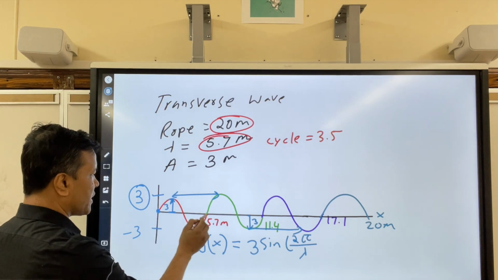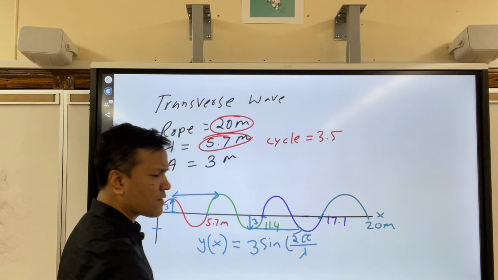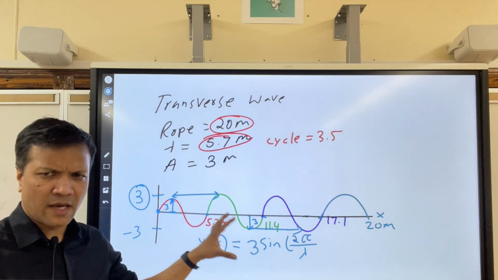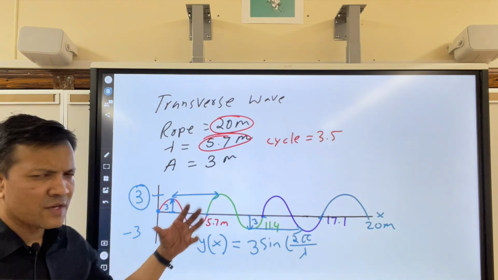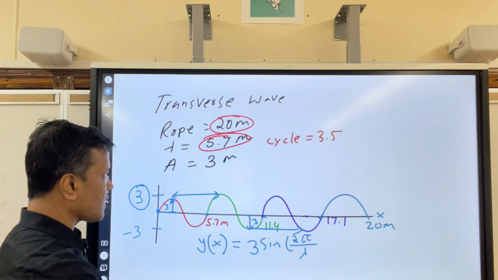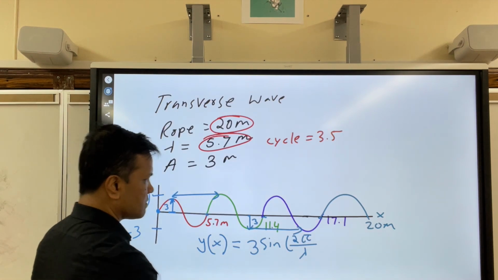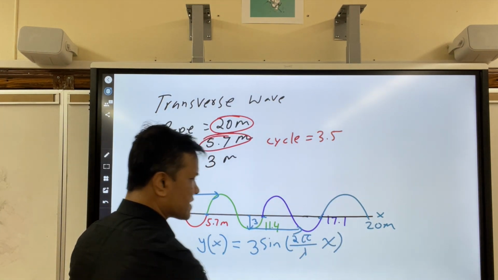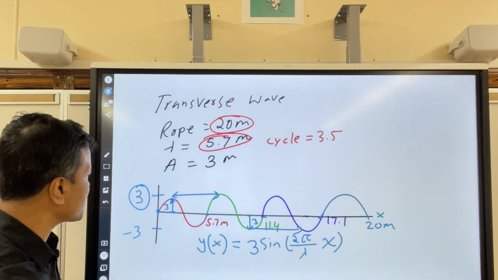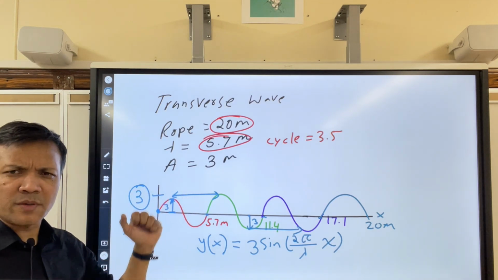How many lambda over here? 1, 2, 3, 3.5 lambda. If you have 3.5 cycles, you have 3.5 lambda. And this function takes x as an input. So this is a transverse wave along a rope that is 20 meters long.